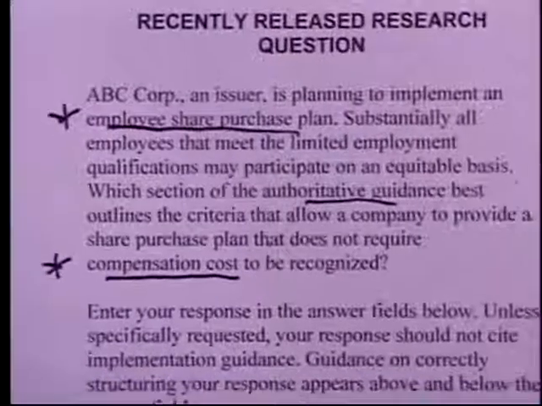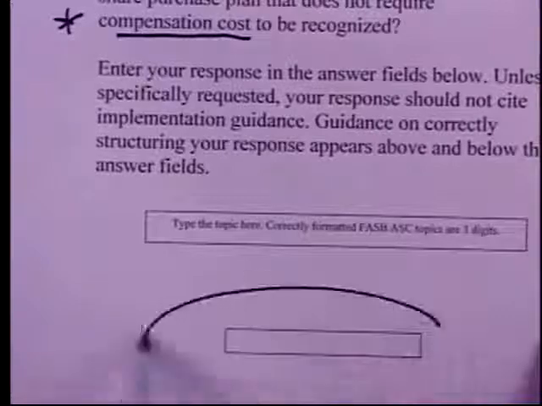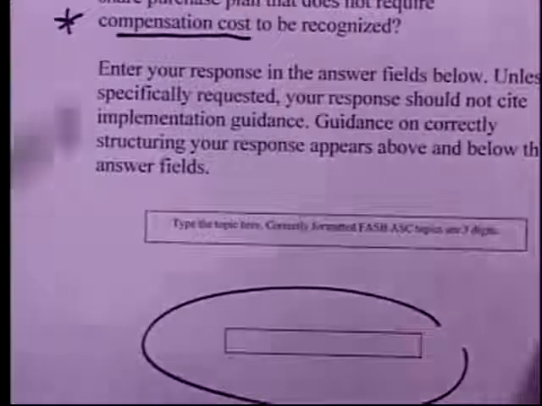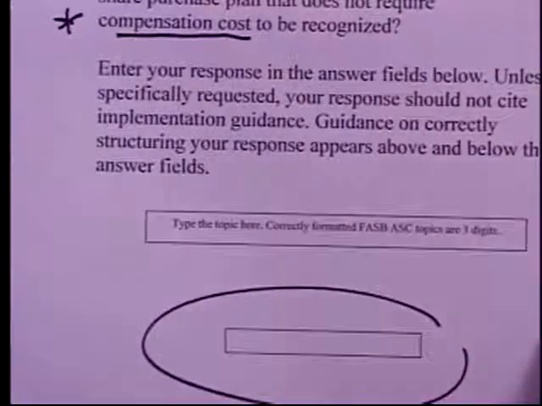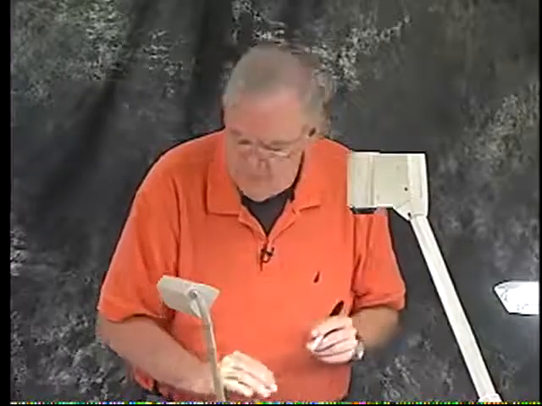And then what you have to do is enter on your exam, they've got a blank space here. You look it up and then you enter those codes I showed you as the answer.